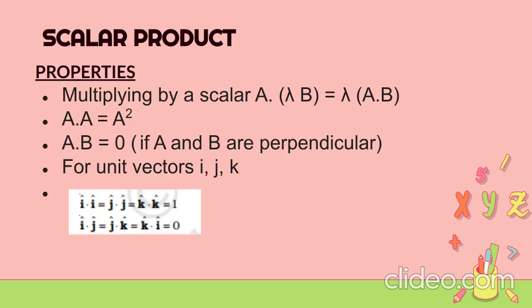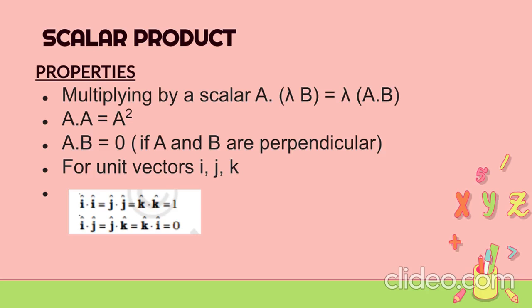A more interesting thing has to be learnt. We now would consider unit vectors along x, y and z directions, which would be represented by i, j, k vectors. If we multiply i with i, or j with j, or k with k, it would result in a value equal to 1.